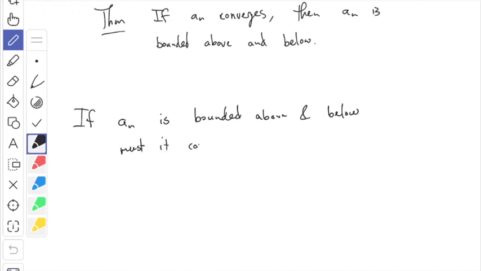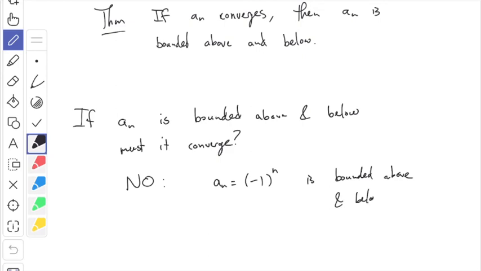The answer is no. That's because this one, a_n equals (-1)^n, is bounded above and below, but doesn't converge.